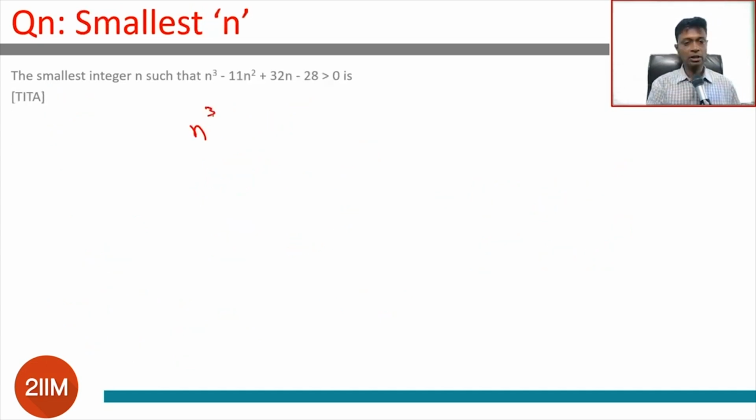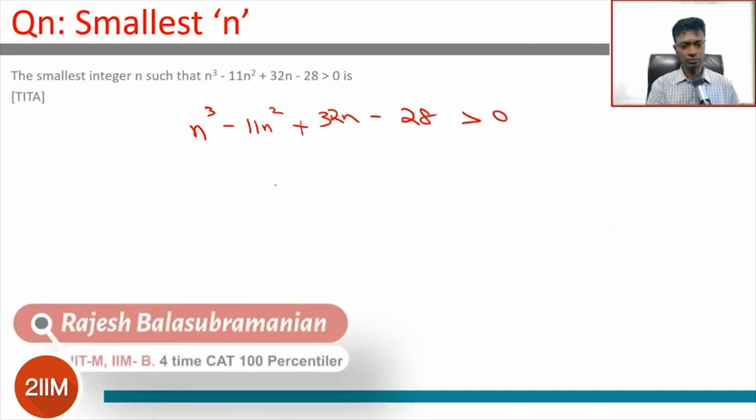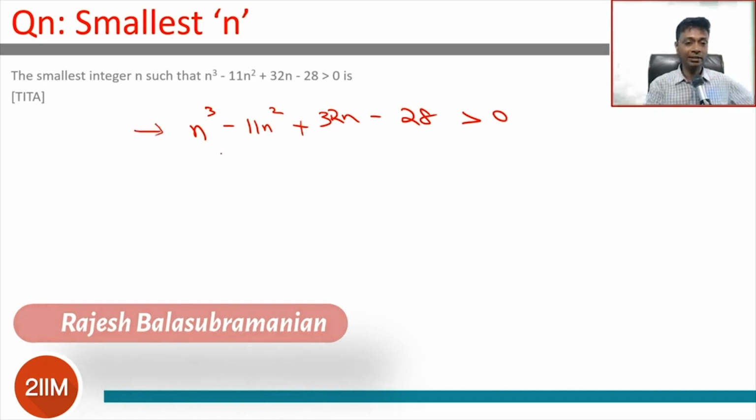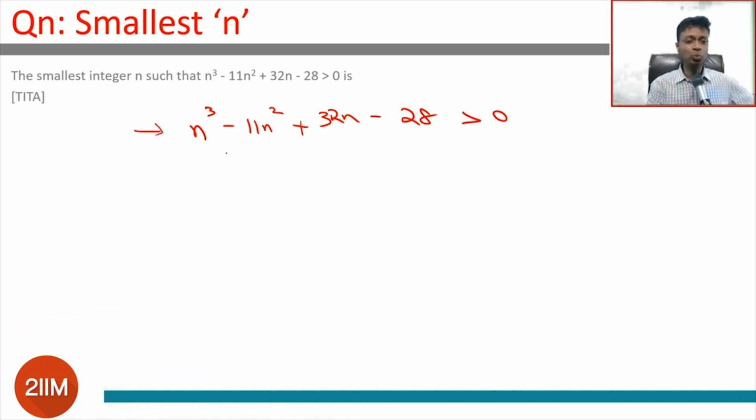39 works. n cube minus 11n square plus 32n minus 28 greater than 0. The smallest integer n. See, n cube is powerful. So if you put 100, then n cube will kill everything else. These are reasonable coefficients. And n cube is very powerful.